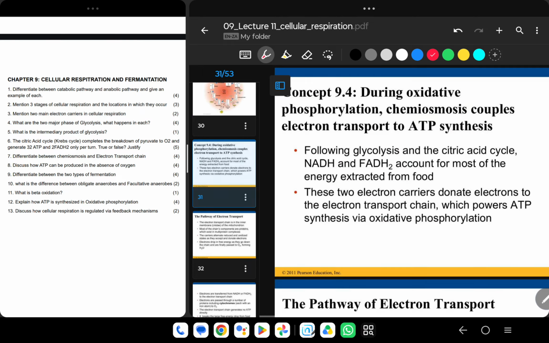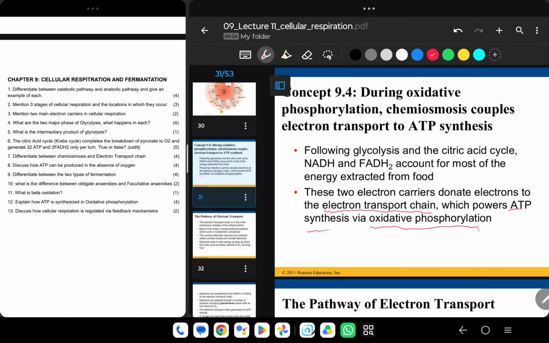So what you need to understand is this: remember we spoke about NADH and FADH2. They donate electrons to the electron transport chain, which powers ATP synthesis via oxidative phosphorylation.